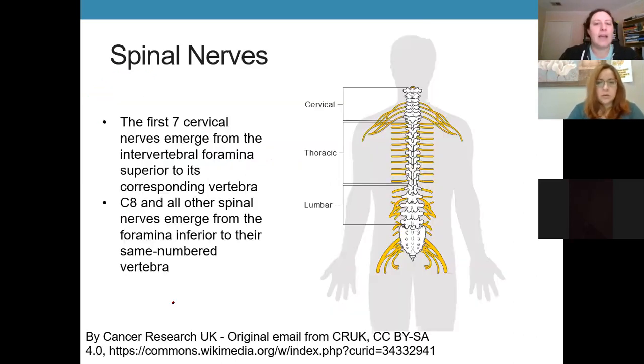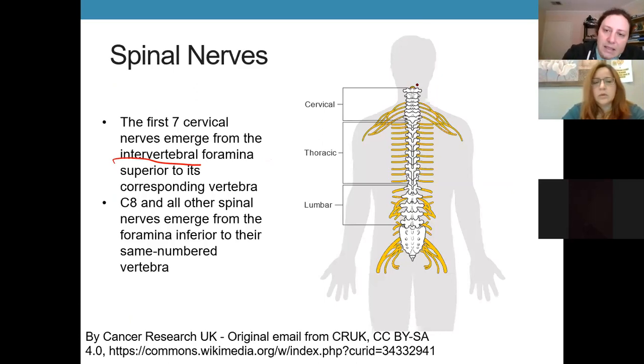Now, the reason we have 8 cervical nerves is because when we start having spinal nerves coming out, they come out between the intervertebral foramina. So remember, those are the holes formed as 2 vertebrae come together, superior to the vertebra.